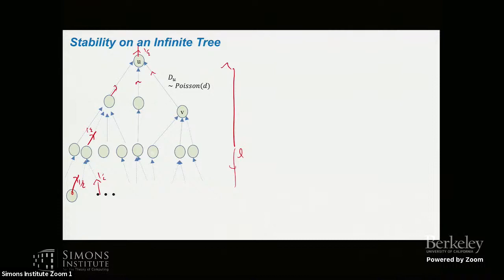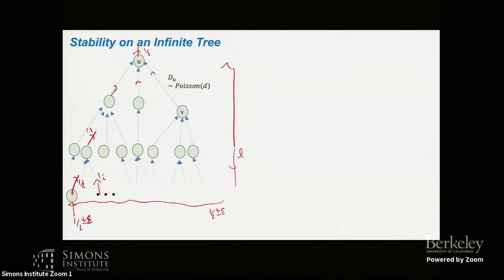I take the nodes at depth L, the leaves, and I perturb their values by plus or minus epsilon. And then I ask, does the value at the root change?